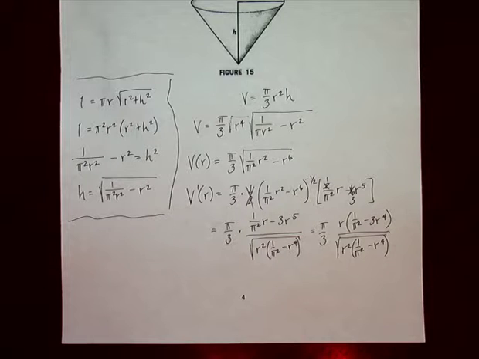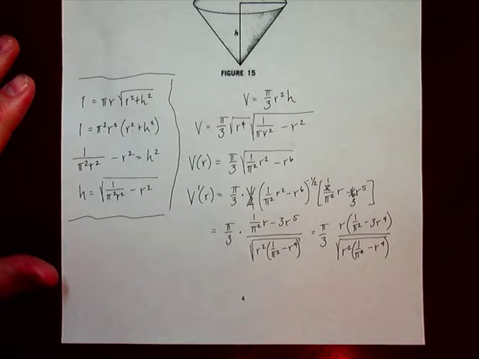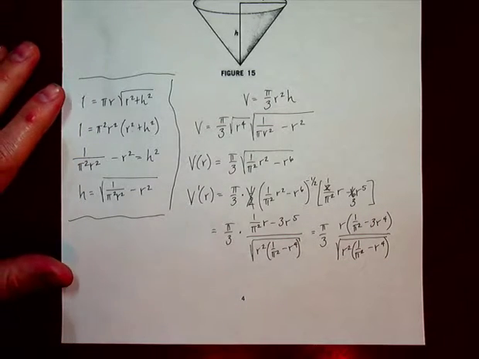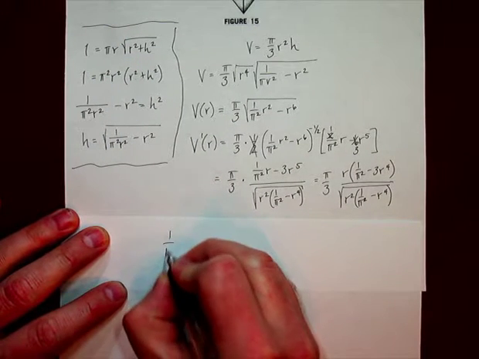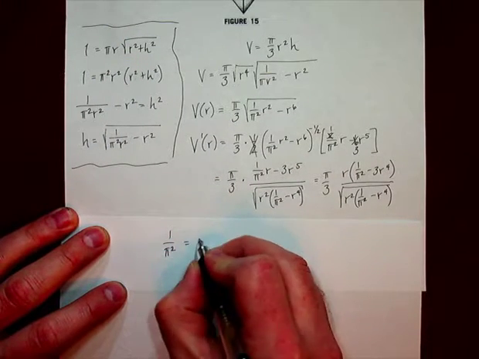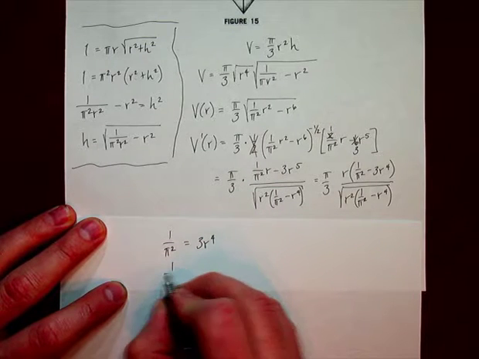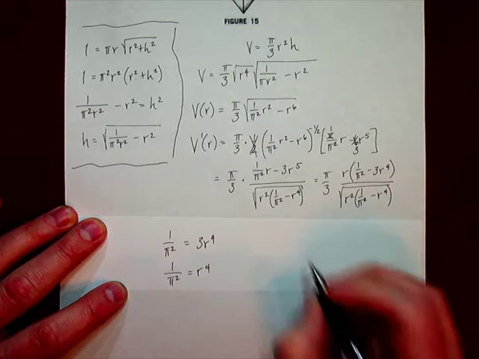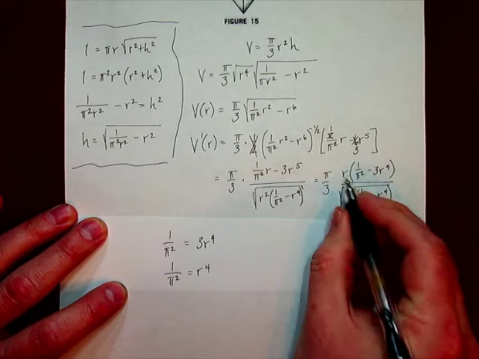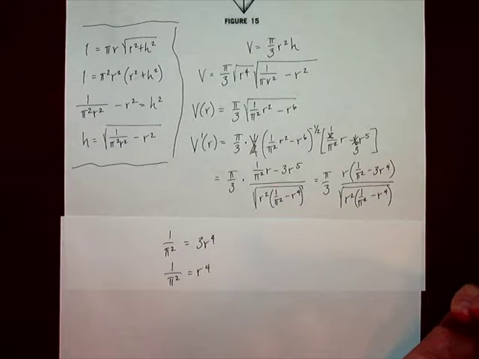Now, let's take the numerator factor and set it equal to 0. So I have 1 over pi squared is equal to 3r to the 4th. Now that's the numerator. Now the denominator, basically the r and the r squared are going to give you critical values of r equal to 0.